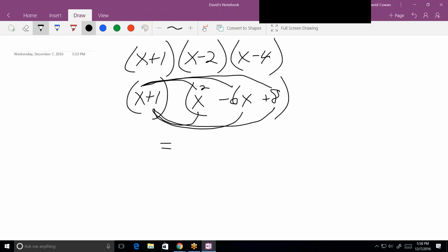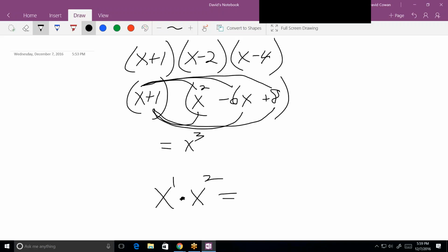Okay. So it'd be x times x squared. X times x squared, same base, different exponents. What do you do? You add them? So it's x cubed. Okay.